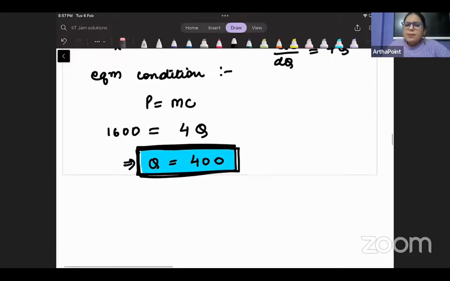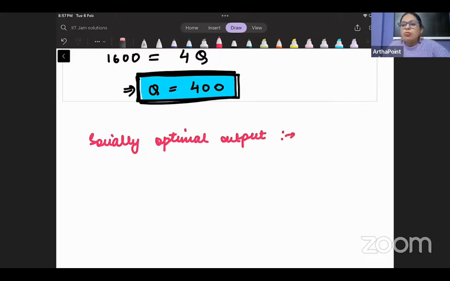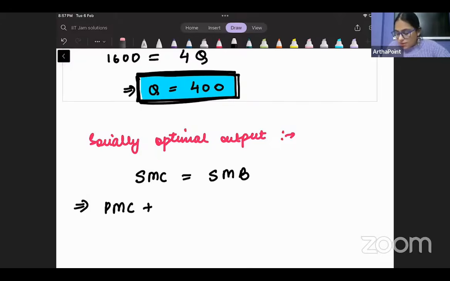Clear beta? But what happens in case of socially optimal output? How do you find socially optimal output? It is found when your social marginal cost is equal to social marginal benefit. So this means that private marginal cost plus external cost should be equal to private marginal benefit plus external benefit.